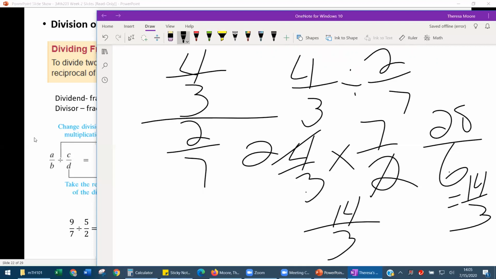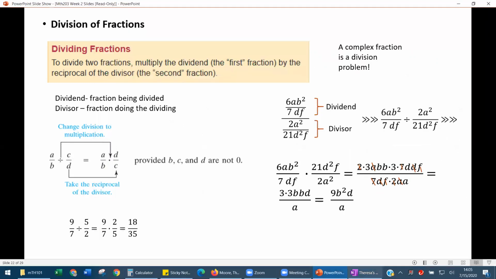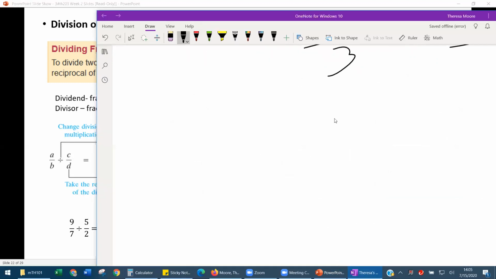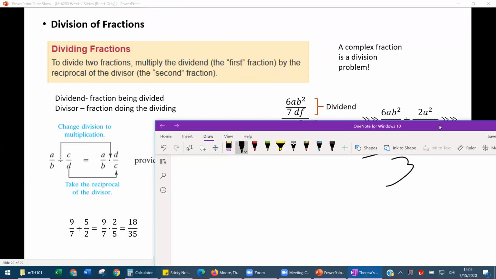Okay, so the one on the slide, it looks a little intimidating, but let's break it down. So we have our top. We have 6ab squared. We're going to write it as 6abb. And the bottom, 7df.